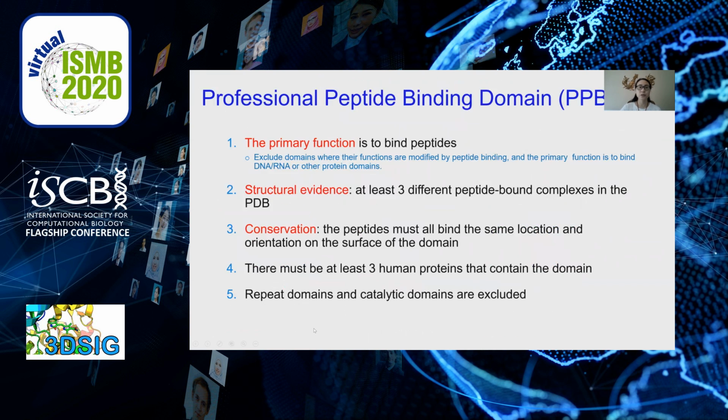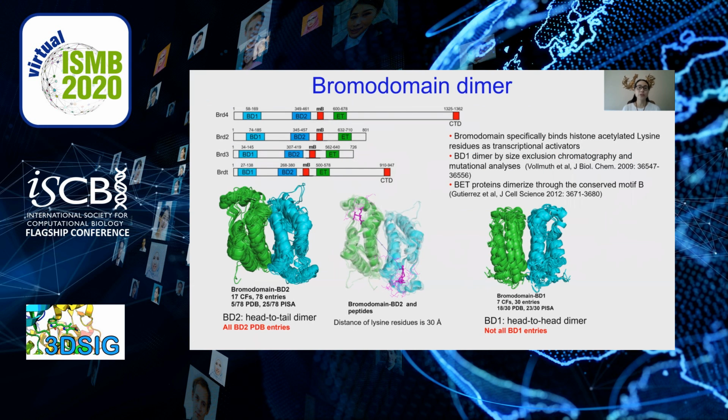We superposed the BD2 peptide interface on this dimer and measured the distance between 2 lysine residues. The distance is 30 angstrom, and this is a typical distance between lysine residues in histone.